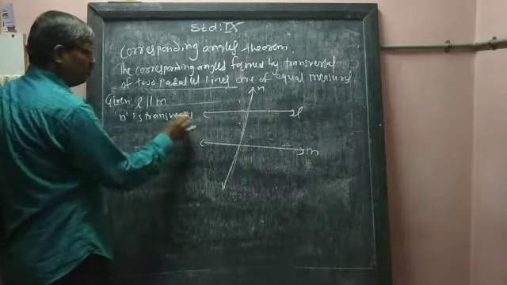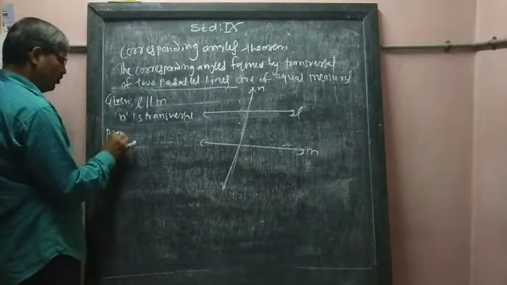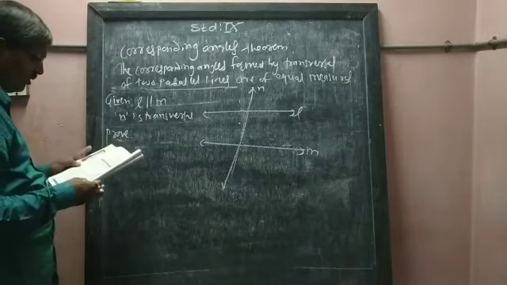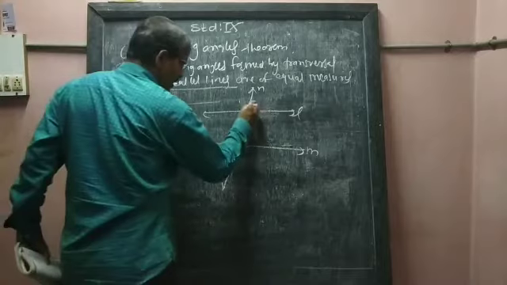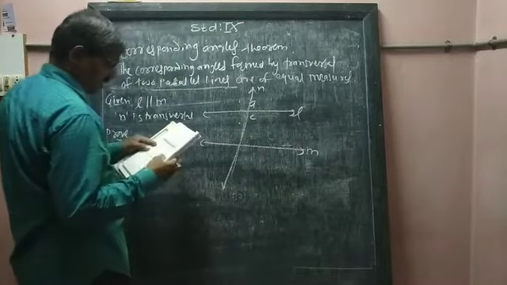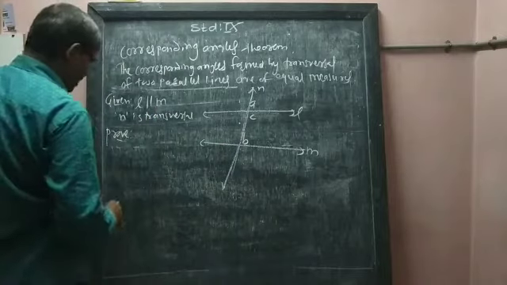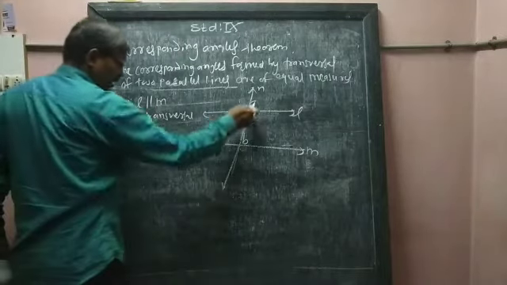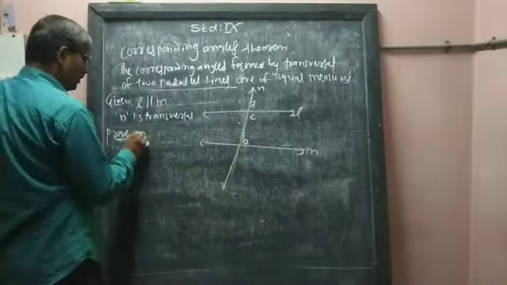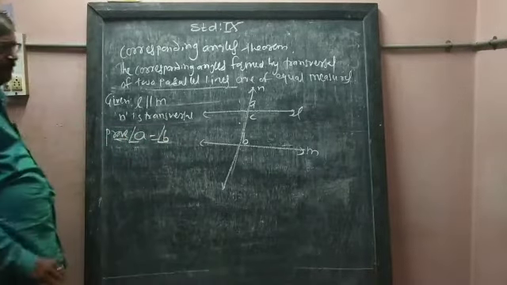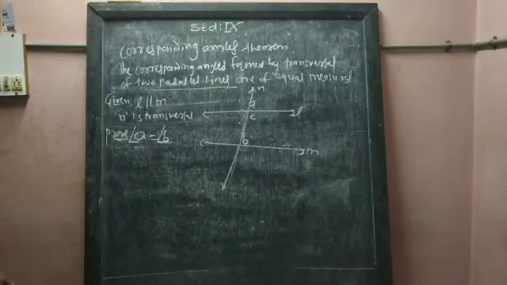Then what do you want to prove here? You have to prove a pair of corresponding angles. We take here A, here C, and here B. Then prove angle A is equal to angle B. How will you prove? We will see it.